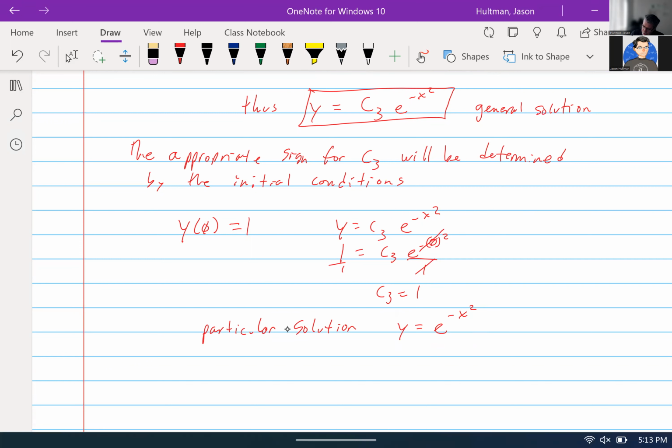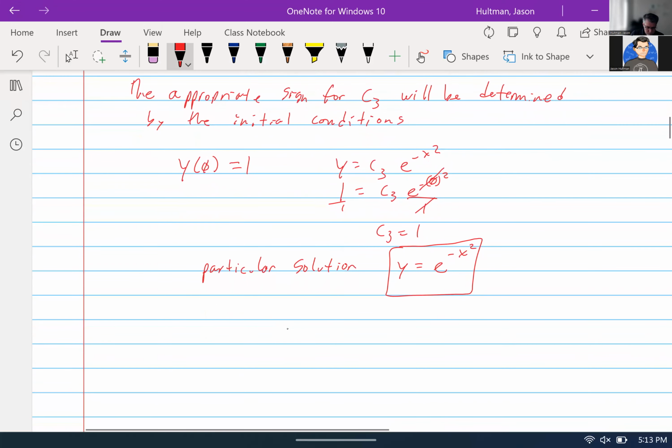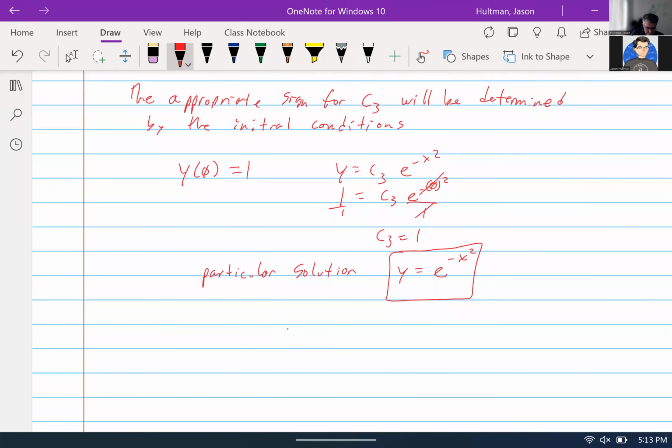Let's see how this would contrast if I had a different initial condition. But if y(0) equals negative 1, then the initial condition is going to dictate what C3 is.